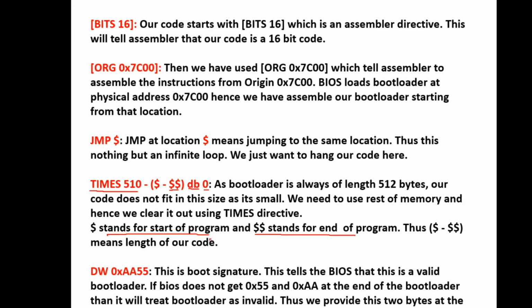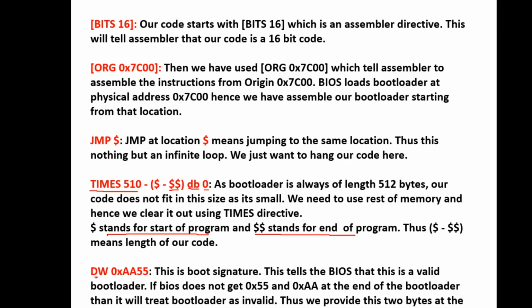The memory address pertaining to the start and the end of the program gets subtracted from 510, because the last 2 bytes are going to be accommodated with the magic number. In the rest of all the places we are going to store 0. Times indicates the same operation gets repeated. So dumping value 0 gets repeated for the difference of the values as per calculation.